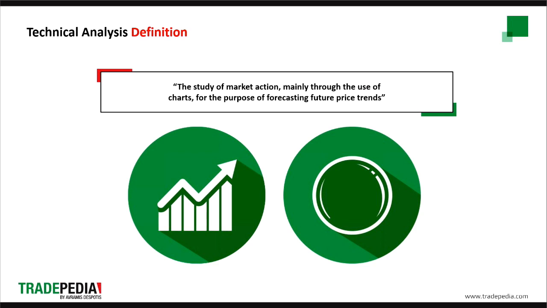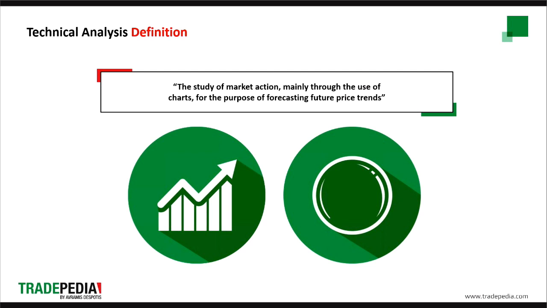It is the study of price movement. So the best indicator is the price. All other indicators, or most of other indicators, are lagging. They are based on the price. They follow the price and they do not forecast what the price is going to do.